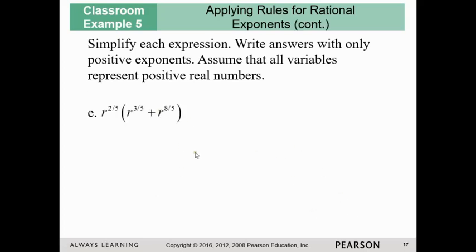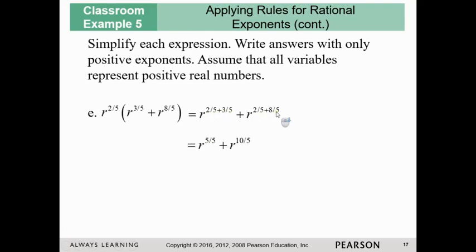So in this next one, what we're going to do is distribute the r to the 2/5 here. Basically, when we were applying the product rule, right? Remember, when we apply the product rule, we add the exponents, which is what they're doing here, by adding r to the 2/5 plus 3/5, r to the 2/5 plus 8/5.